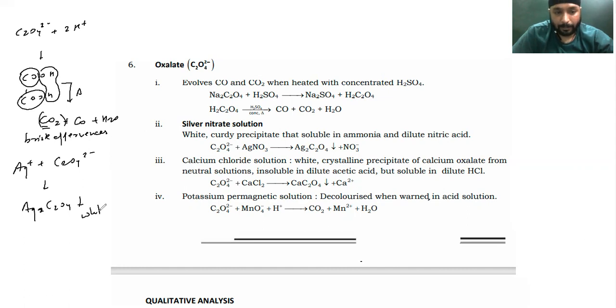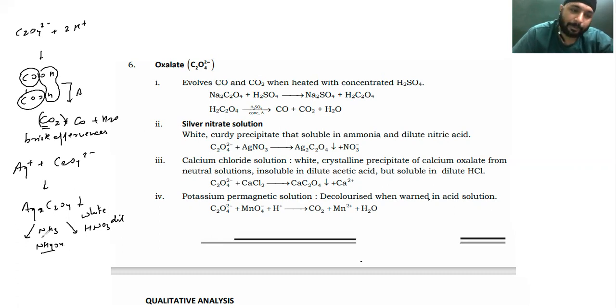Interesting fact about this white precipitate: it is soluble in ammonia, that is ammonium hydroxide solution. So whenever ammonia is given to you, or ammonium hydroxide is given to you, it is one and the same thing. So don't panic, right? Now, it is also soluble in dilute HNO3 solution.